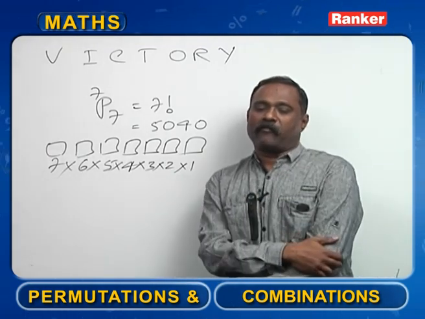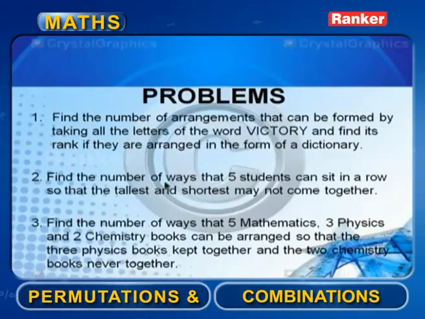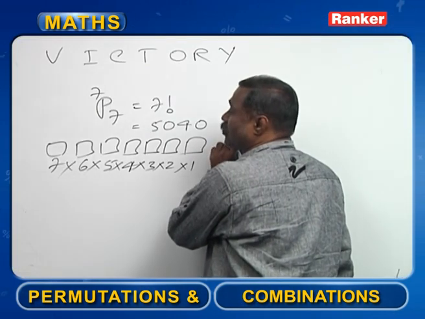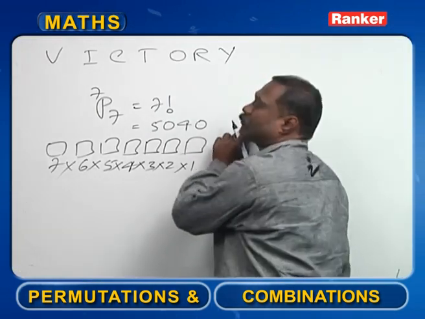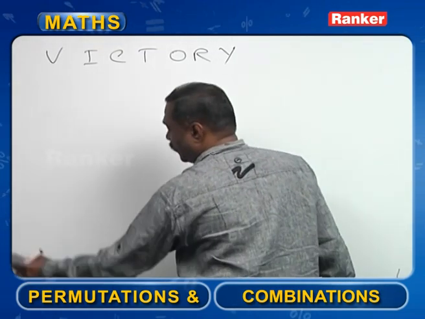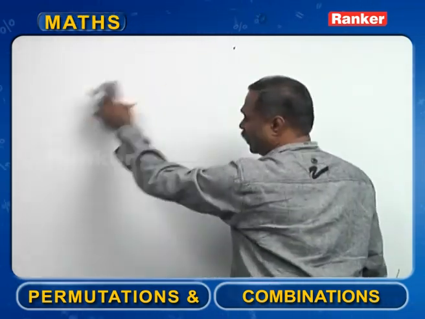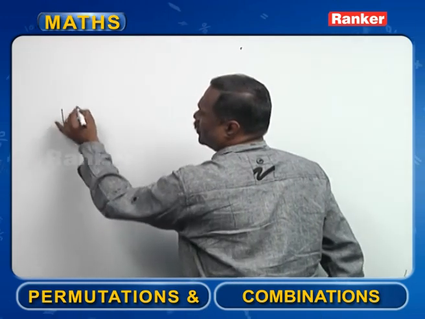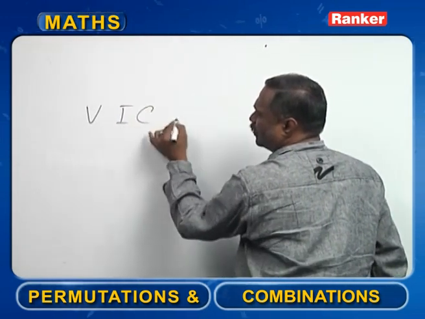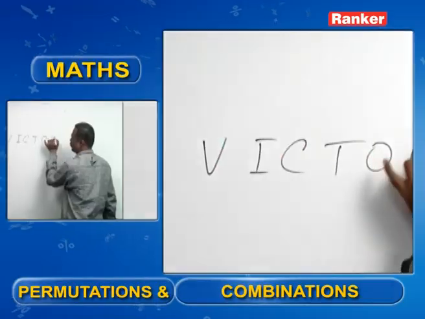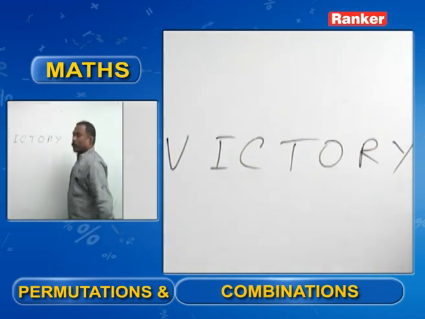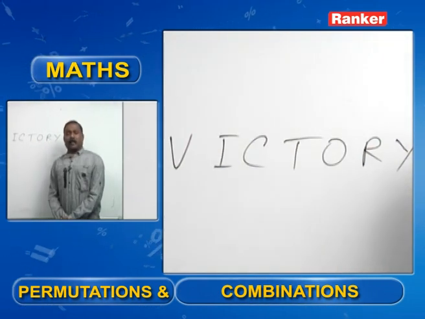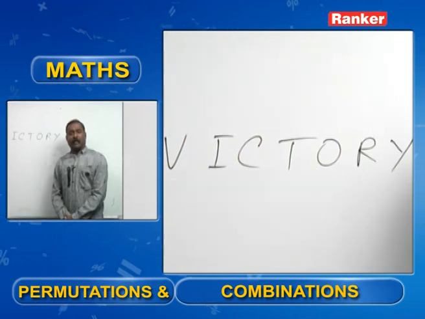Now what is the question there? Find its rank if they are arranged in the form of a dictionary. And what is the arrangement of a dictionary? If you open the dictionary, the first page consists of A. If you want to see the meaning of some word starting with T, how do you proceed?